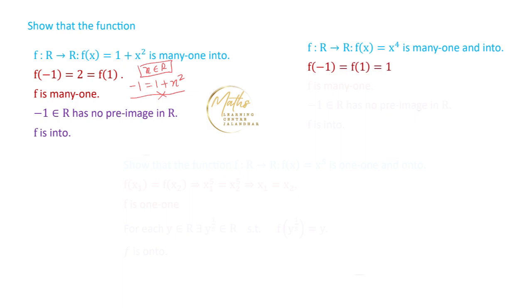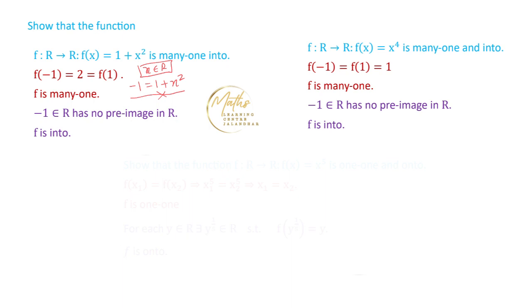So clearly this function f is a many one function. There are two different elements of the domain that have the same image. And if we consider the real number minus 1, it has no pre-image in R. It means that this function is an into function.